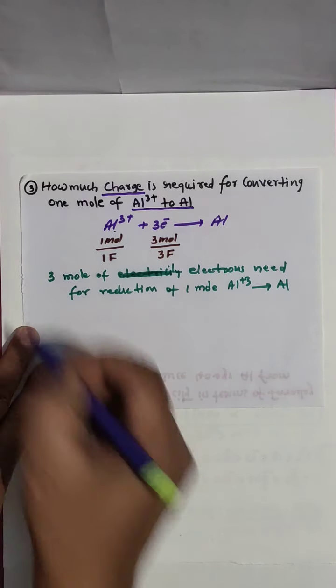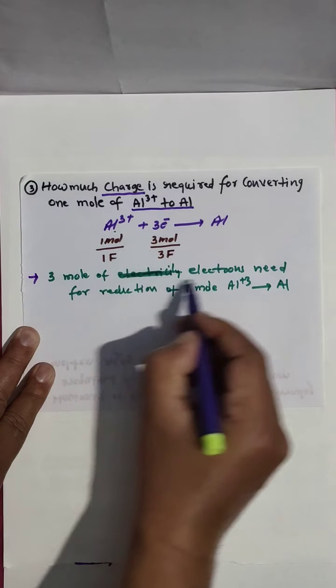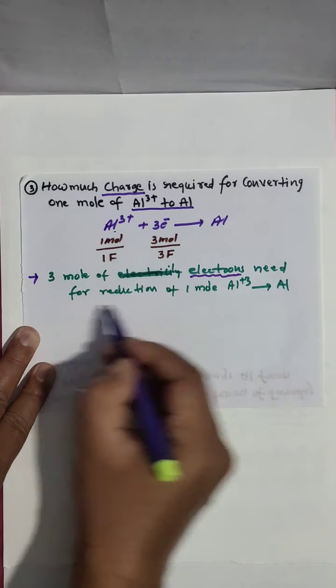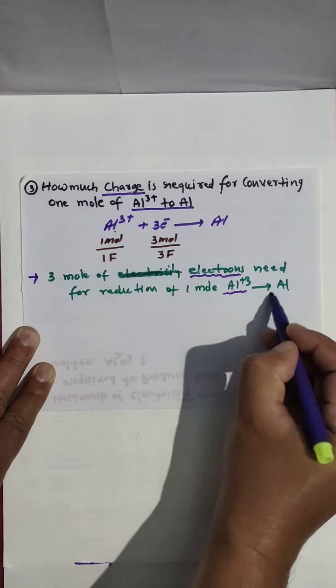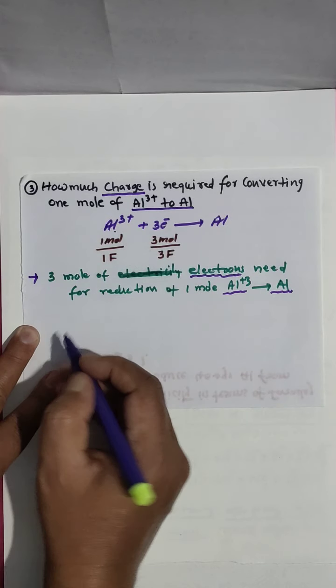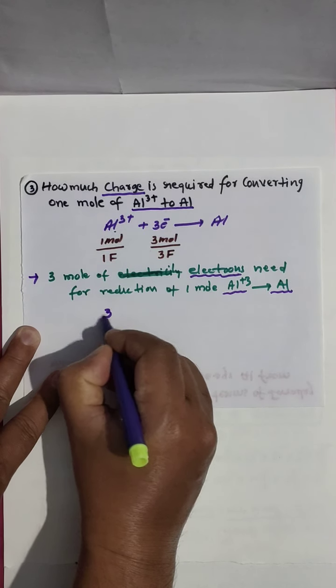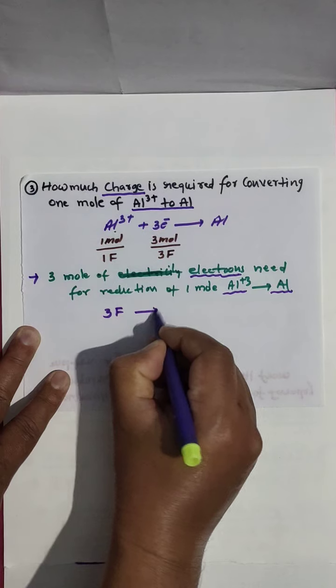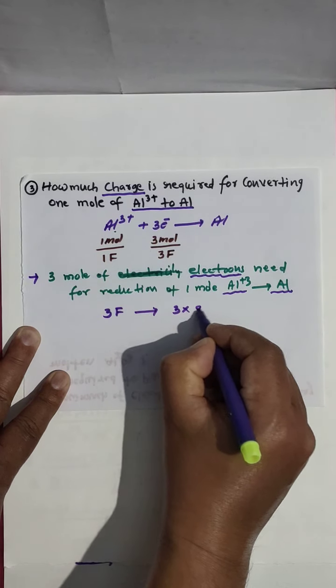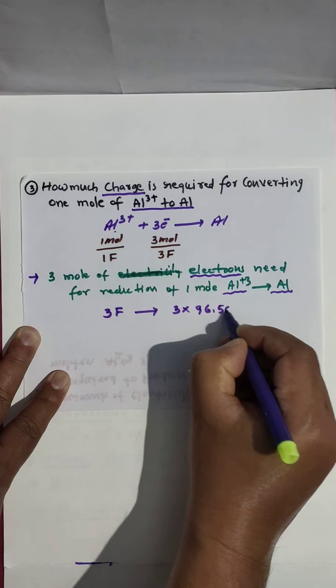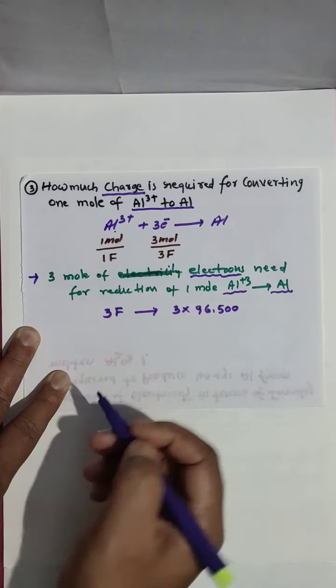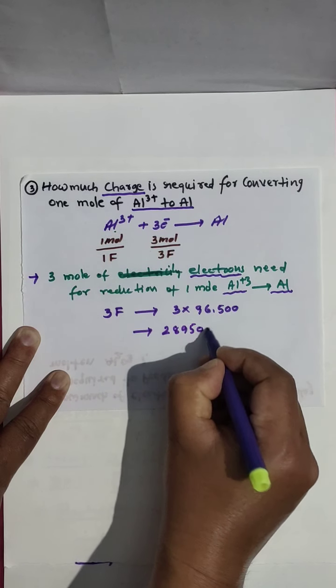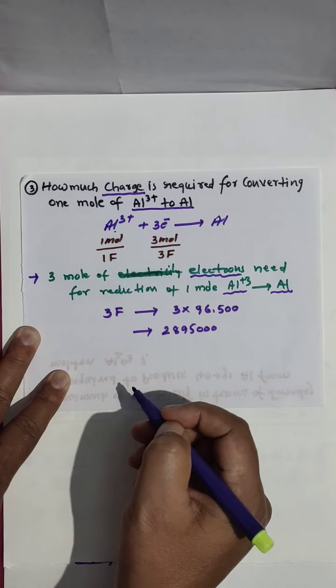Is it clear now? 3 moles of electrons are required to reduce Al3+ to Al. 3 moles means 3F, nothing but 3 into 96,500. If you multiply this, you get 2,895,000.